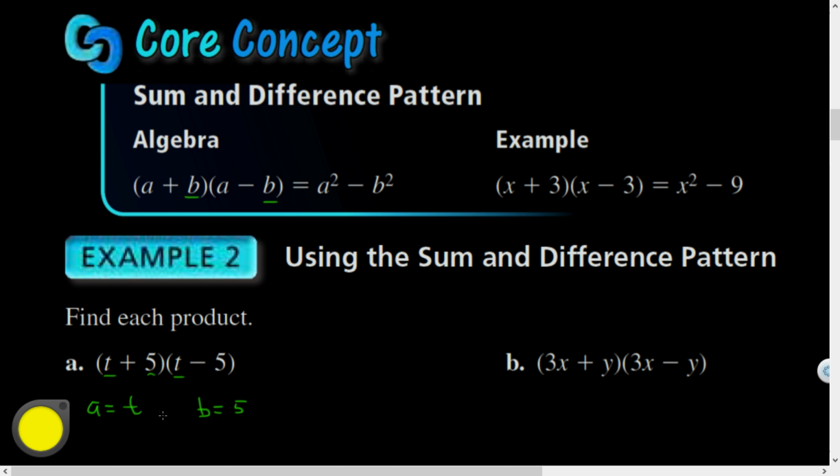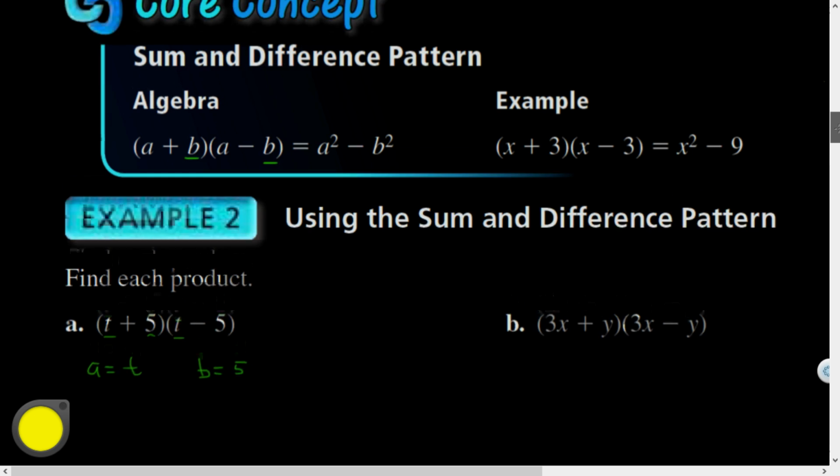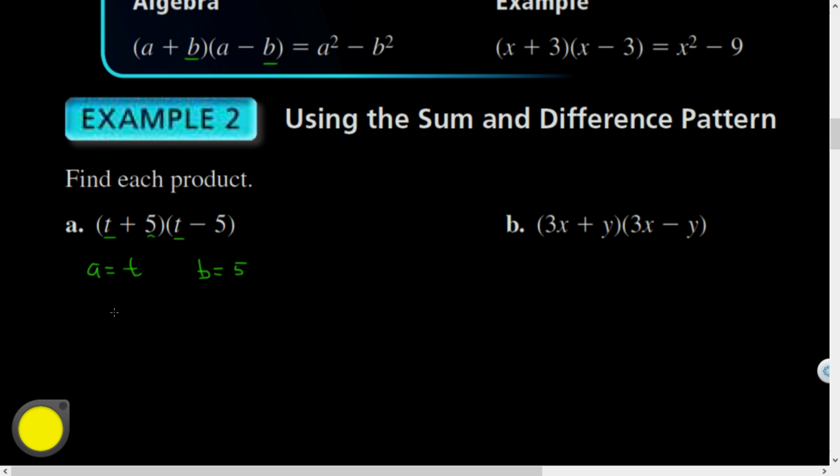And so I'm going to take A and B, and now since it matched the pattern, I can plug it into a squared minus b squared. So that's going to look like t squared minus 5 squared. And so t squared is t squared, minus 5 squared is 25.